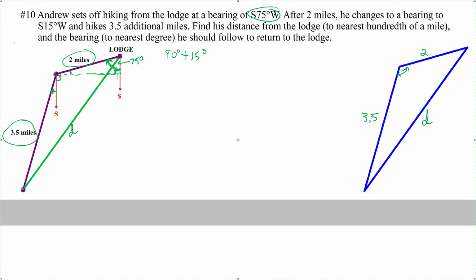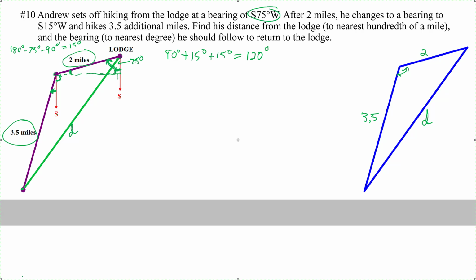So 180 degrees minus 75 degrees minus 90 degrees gives the measure of this missing angle, which is 15 degrees. So we have 15 degrees plus 90 degrees plus 15 degrees. That gives us 120 degrees, I believe.